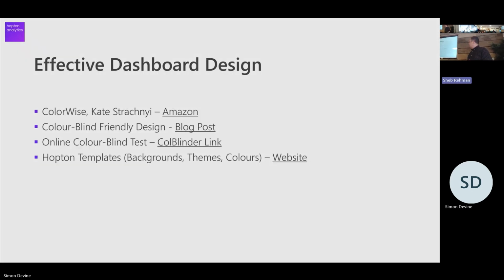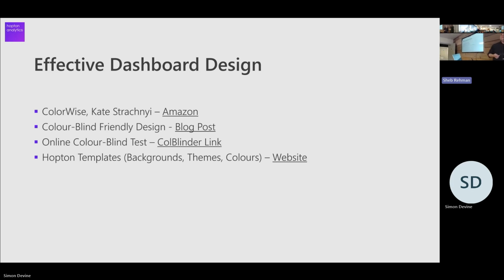I mentioned earlier, I'll share this via Chev, so I'll make sure it's available. There are a heap of resources on color. Colour-wise, as a book is pretty good in terms of using colors and what works and what doesn't. Colorblind friendly design, that's a blog post for Tableau actually, which is a bit annoying, but it's there.